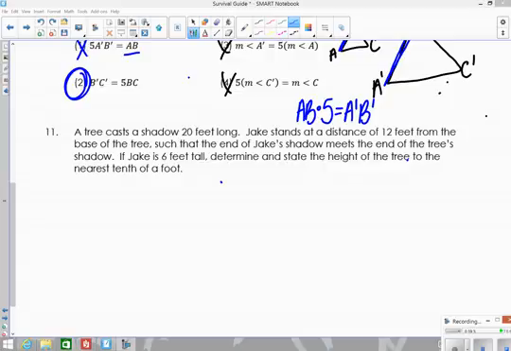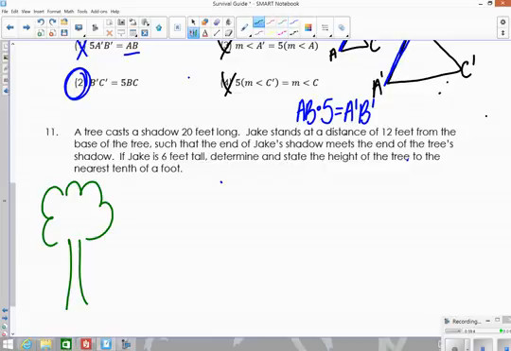For the last example here, we're talking about a tree that's casting a shadow that's 20 feet long. So let me draw that picture. I have a tree, and it's casting a shadow that's 20 feet long. Next it says Jake stands at a distance of 12 feet from the base of the tree.